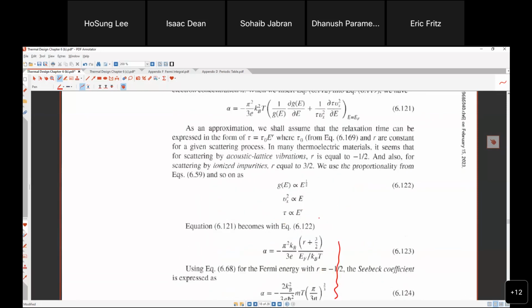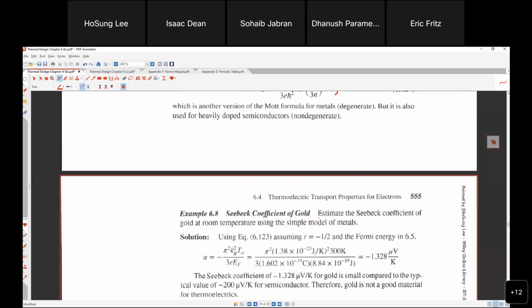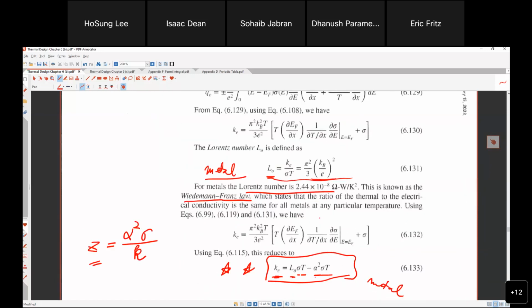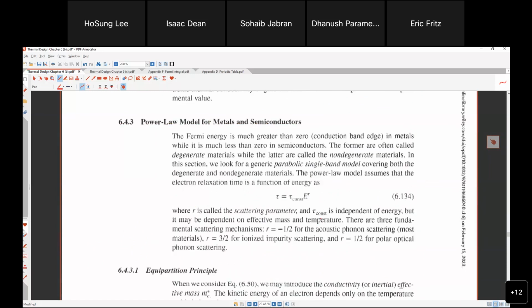There is a lot of research on the relaxation time, and we figured out the relaxation time is a power law, energy to the power r, times a constant.